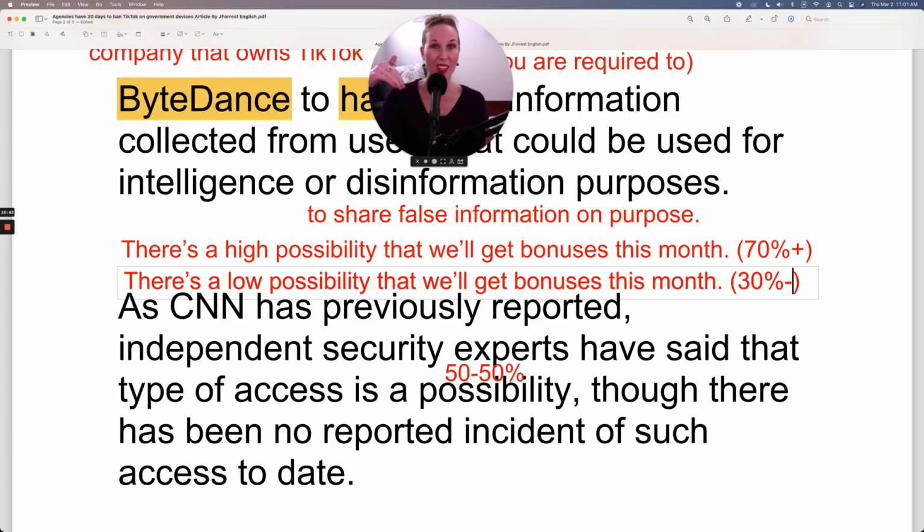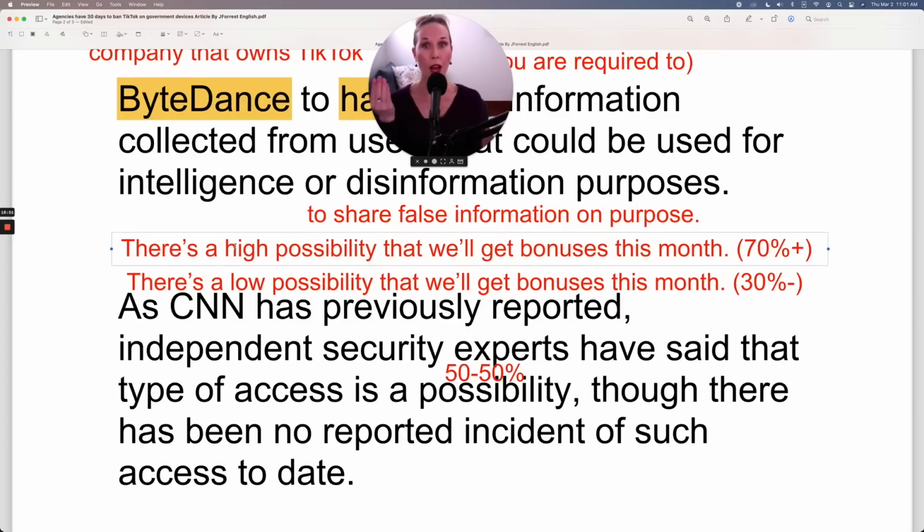So 30%, 20%, 15%. So notice we have possibility, which is 50-50. You can modify it as high possibility or low possibility. You can use this to talk about receiving something like a bonus. You can use this about the weather, the traffic, really about anything you're making a prediction on.